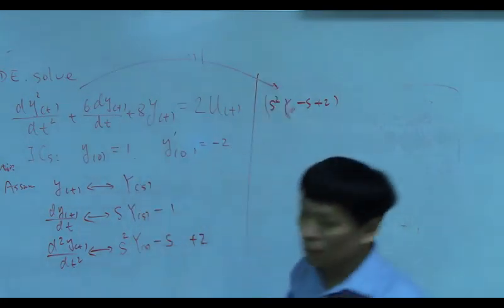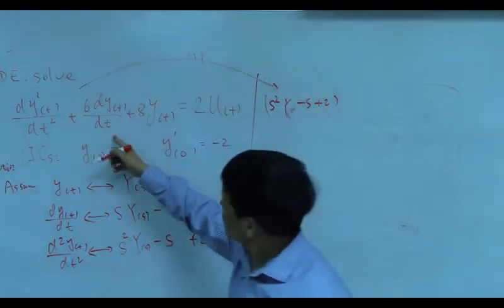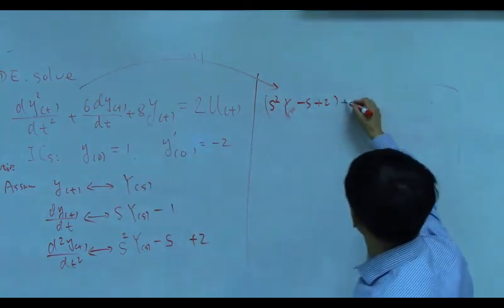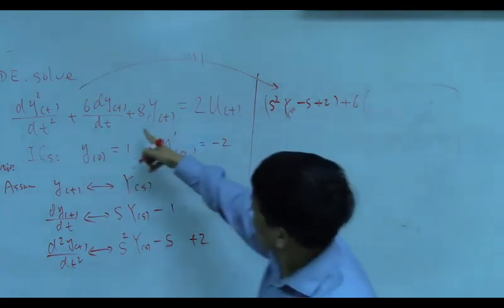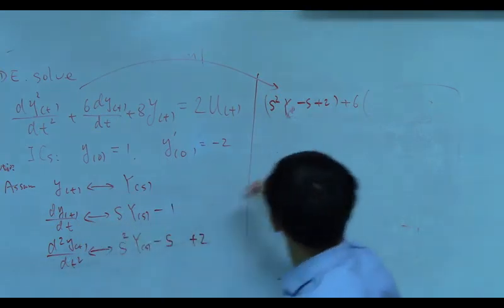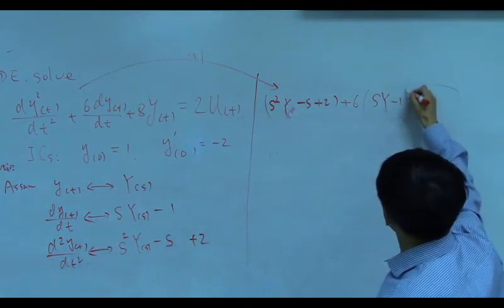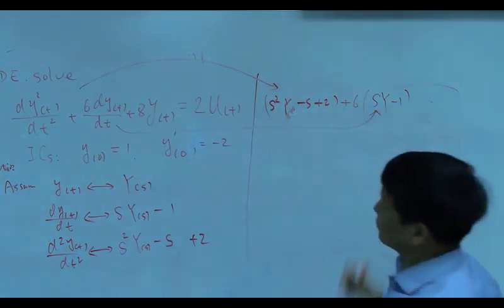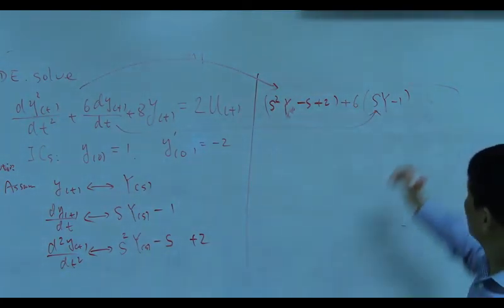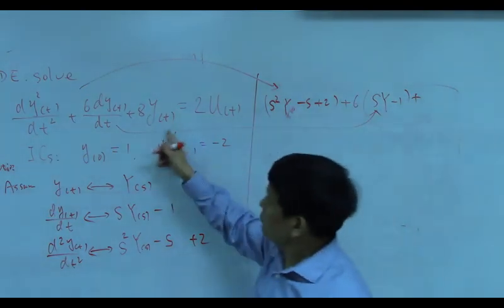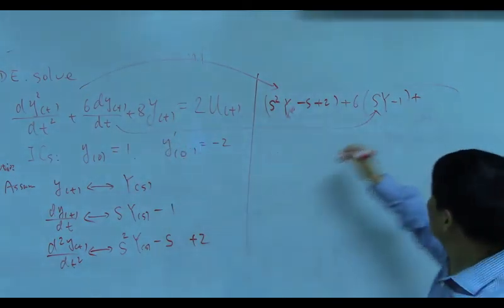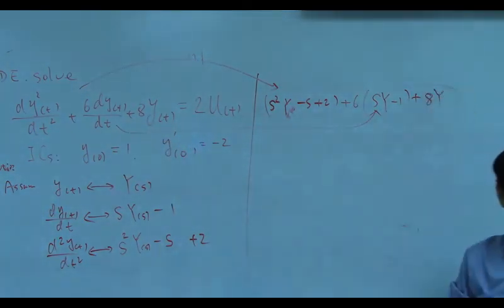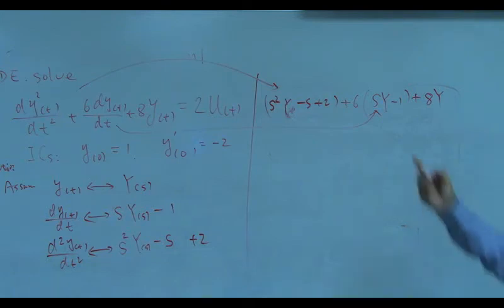Then the second term will be plus 6 times (sY minus 1). So this term gives us this term. Then the Laplace transform of 8y(t) gives us 8Y. Right?